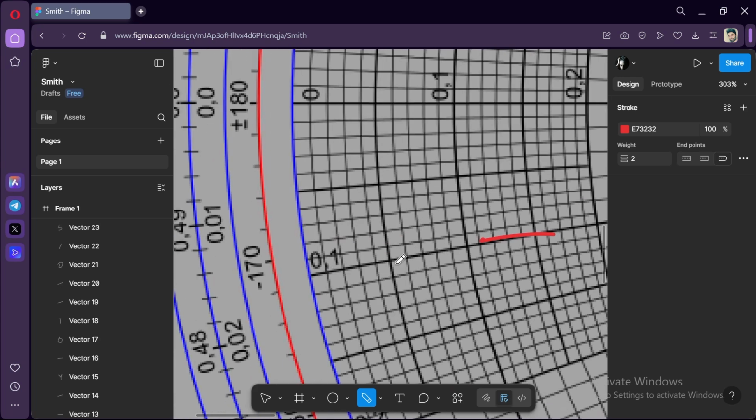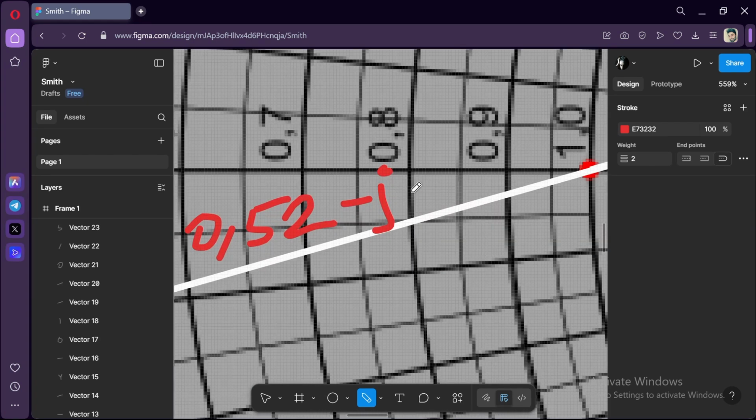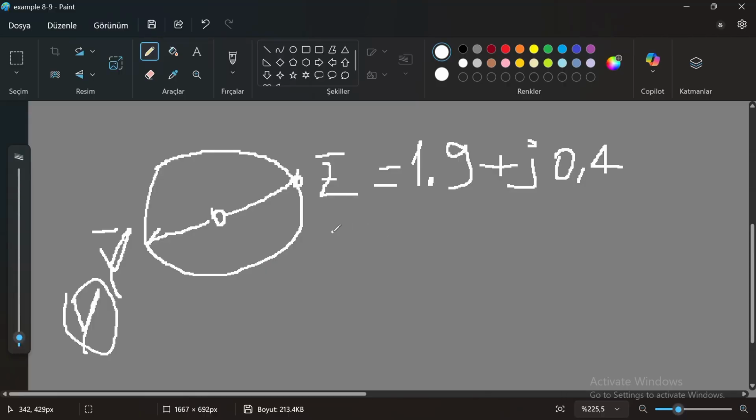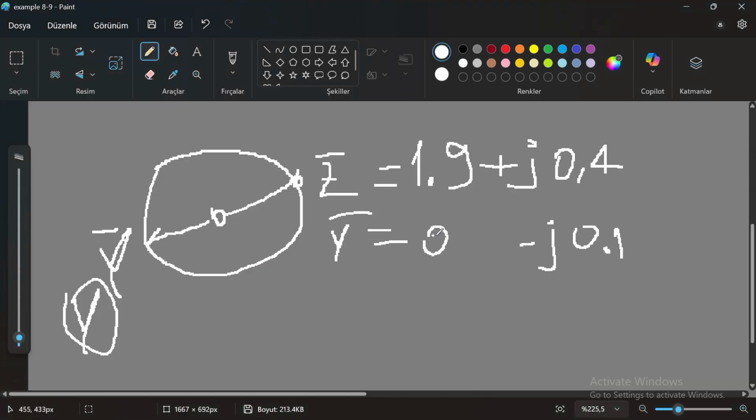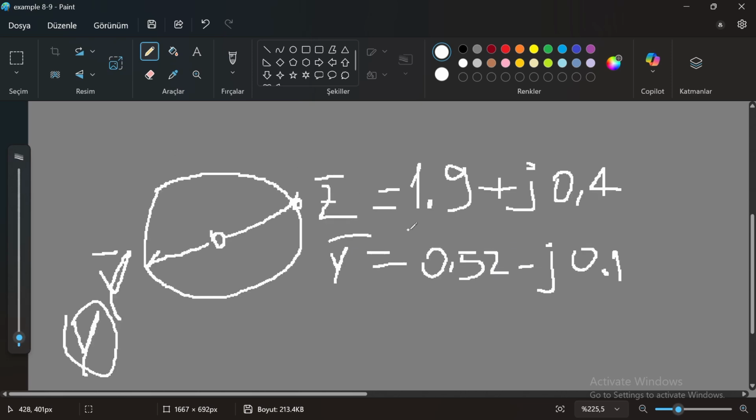Okay, 0.1. So the normalized admittance is 0.52 minus j0.1. Okay, we have our normalized admittance.